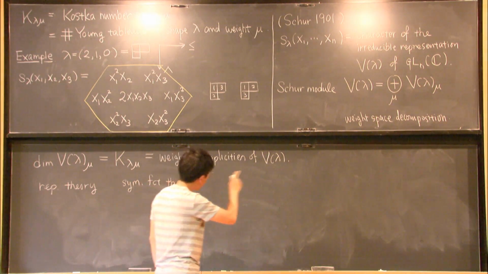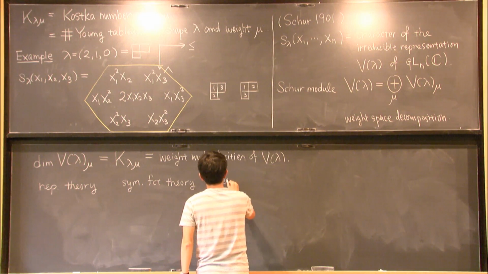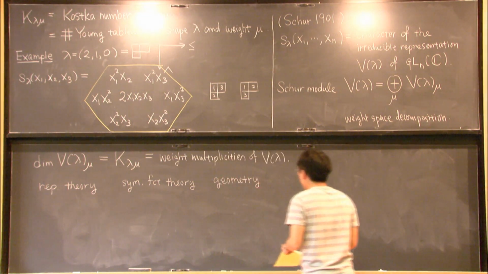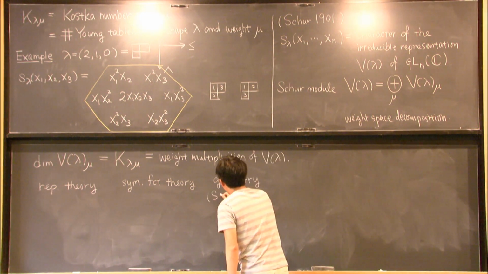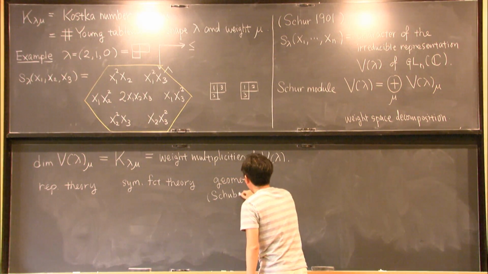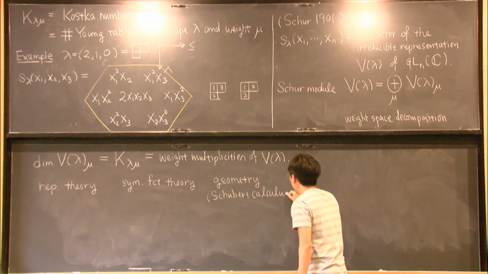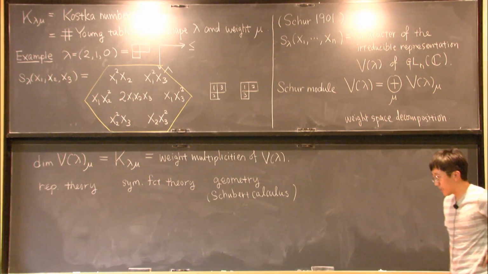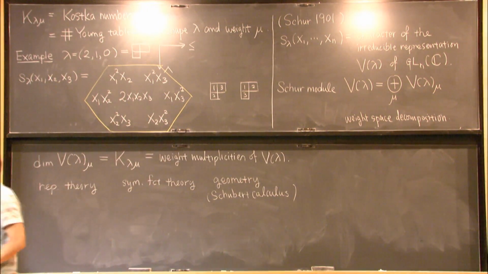And maybe soon after or around that same time, it was also noticed that these polynomials are governed by certain geometry, or precisely what's called the Schubert calculus, because these polynomials represent cohomology classes of Schubert cells inside the cohomology of a Grassmannian.